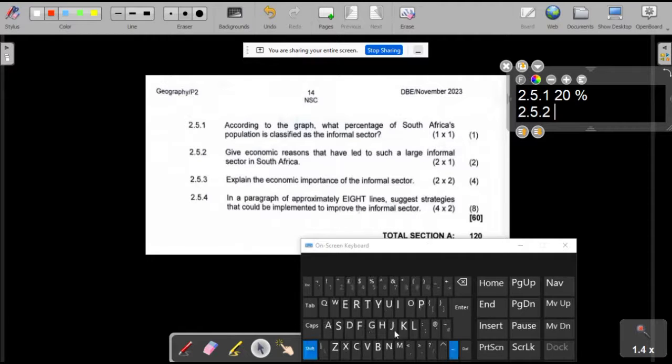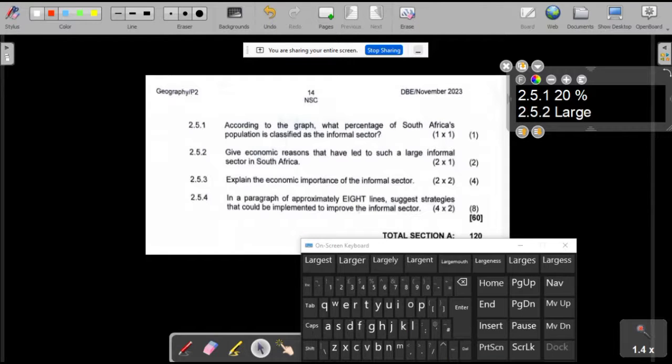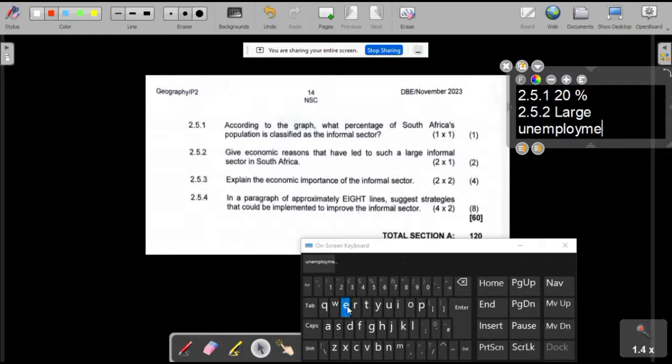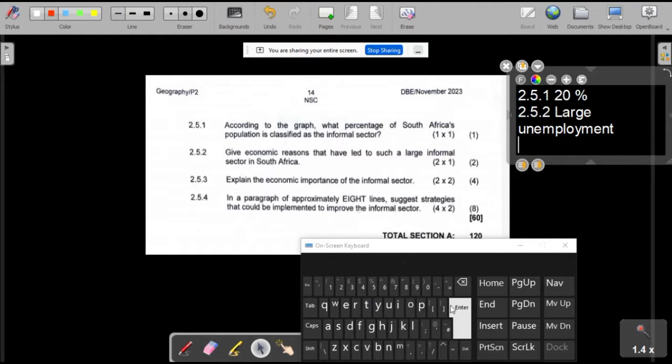Well, the first one would, of course, be huge unemployment. There's massive unemployment, guys. So people do not have any choice but to be part of the informal sector.